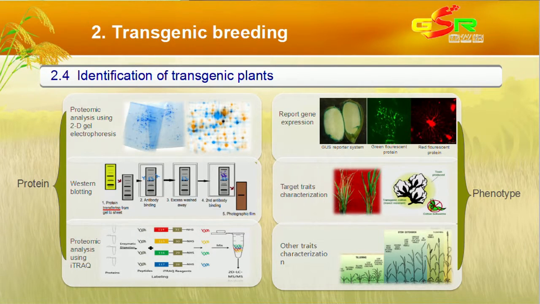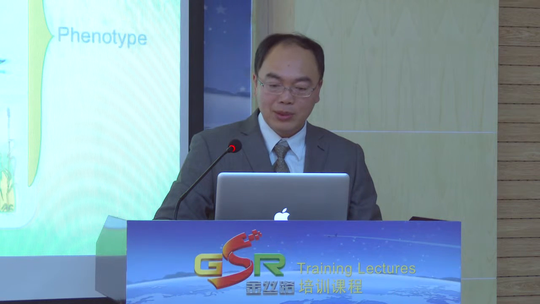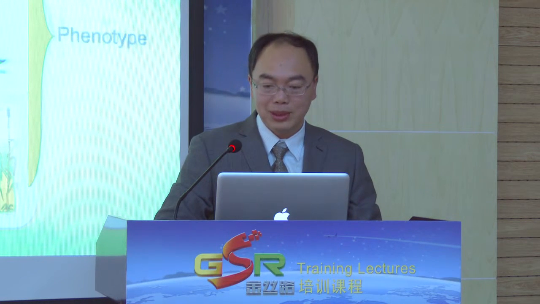Finally, we have to do phenotyping of the transgenic plants, such as reporter gene expression detection: the GUS gene, green fluorescent protein, or red fluorescent protein. This is the reporter gene expression detection. The most important phenotyping is to observe the target traits.